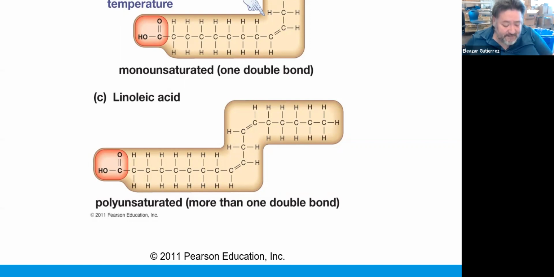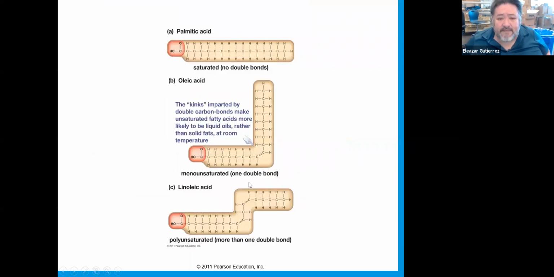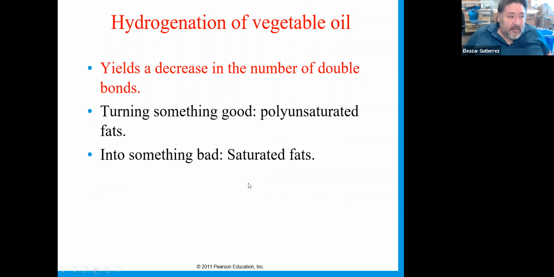Does that make sense? Now, here's the problem. When you have people in business that don't have scruples, they're pretty much out to kill all of us, okay? So, you and I are looking for fats that are fully unsaturated because we know that that's supposed to be good for us.